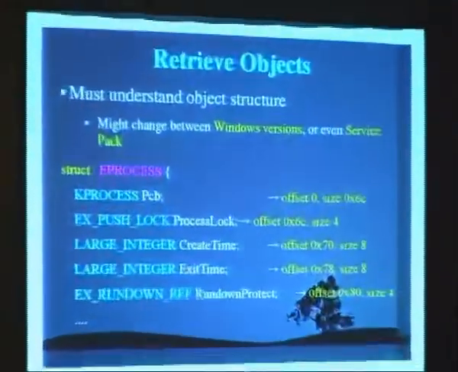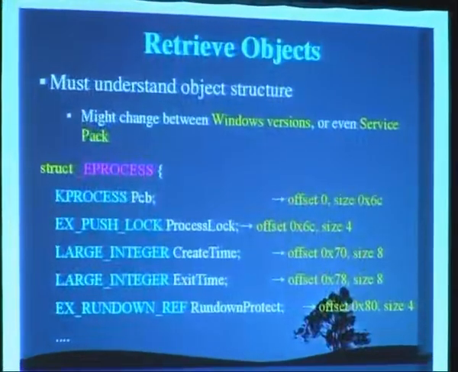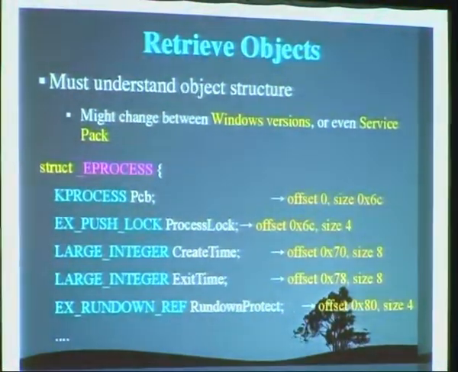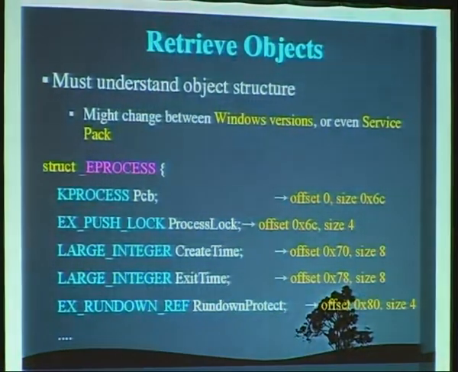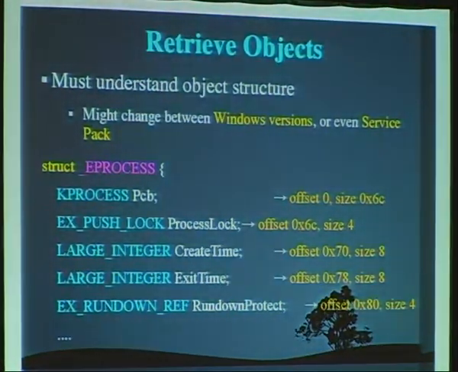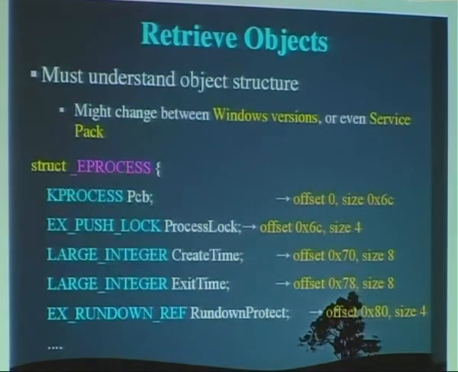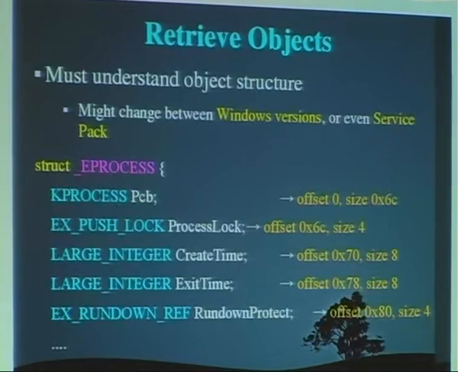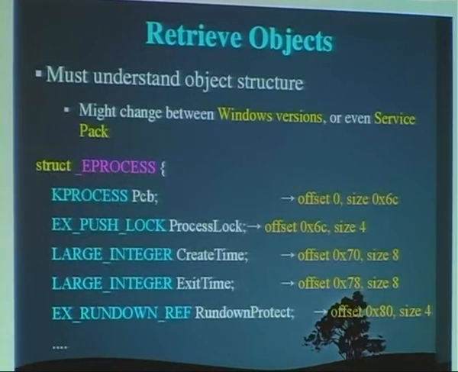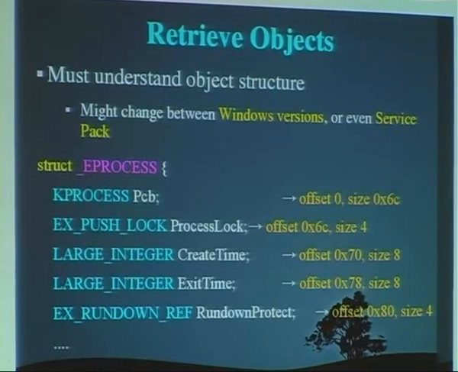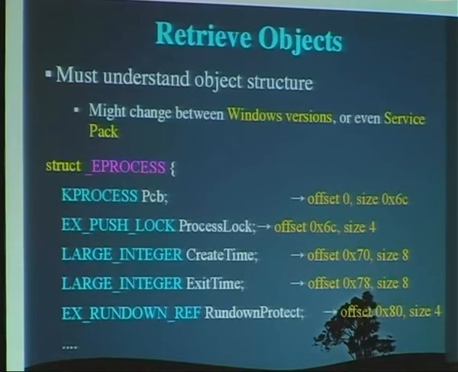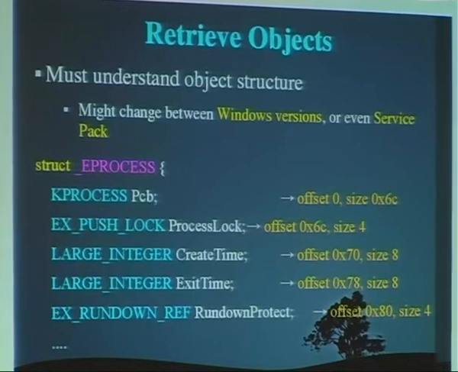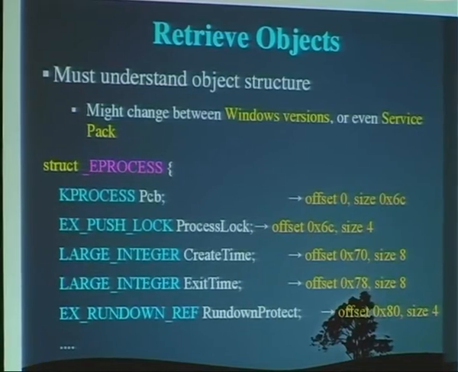You want to get the CreateTime member from that structure, right? To get it, you need to know that this member CreateTime stays at offset 0x70, and it has a size of 8 bytes, right? So to get all the members from each structure, you need to know the offset of each member.